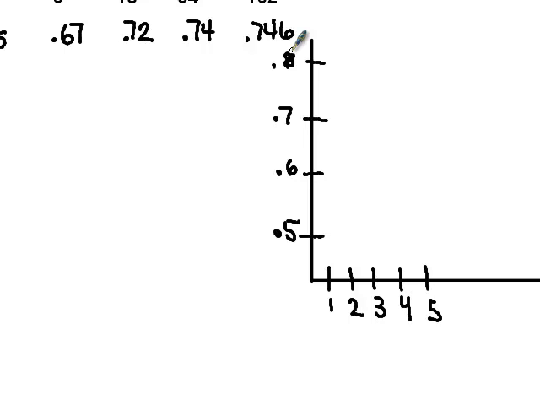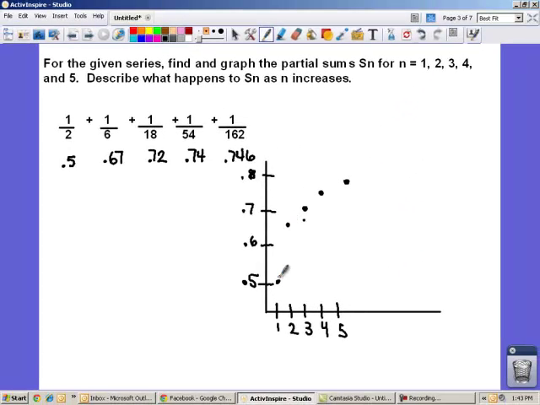And when I graph these, I'm just going to estimate exactly where they would go. And as you can tell, this graph here is kind of tapering off, and it stays right below this line.